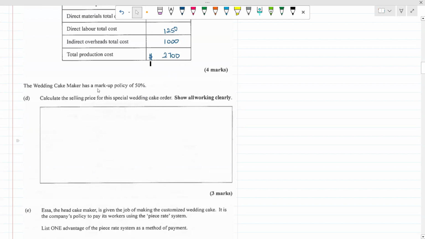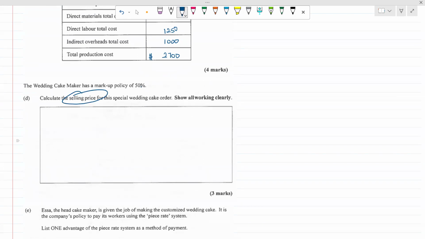The wedding cake maker has a markup policy of 50%, right? A lot of people in this type of business would usually calculate their cost like this, work out what the cost of producing the cake is, and then they will have a markup policy. If it's twice times their cost, 50% markup, and this allows them to calculate their selling price.